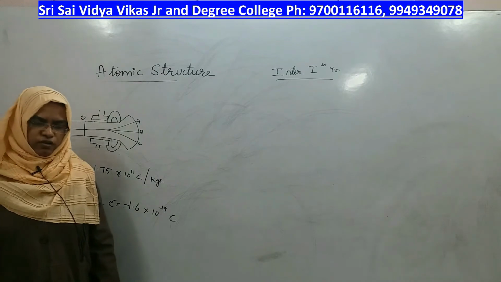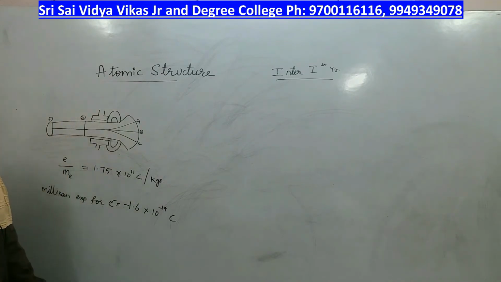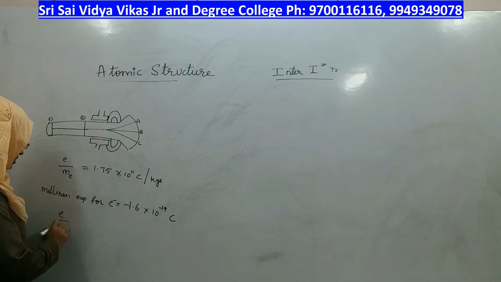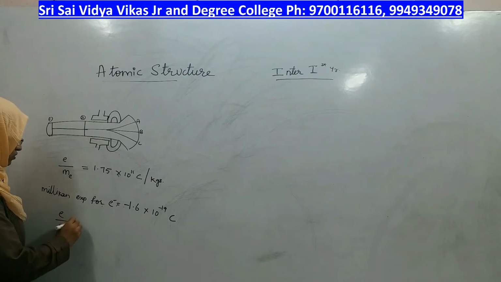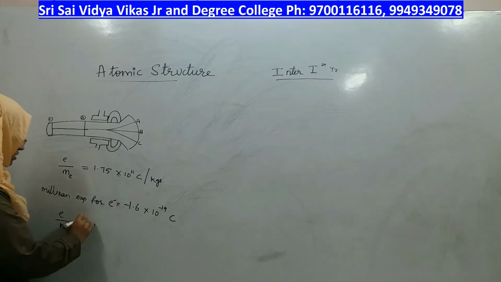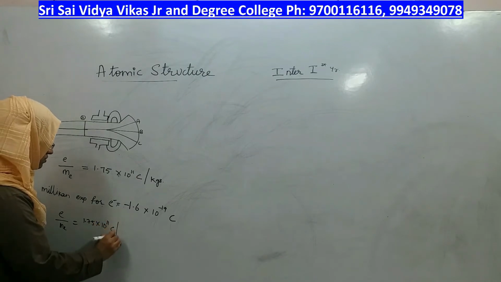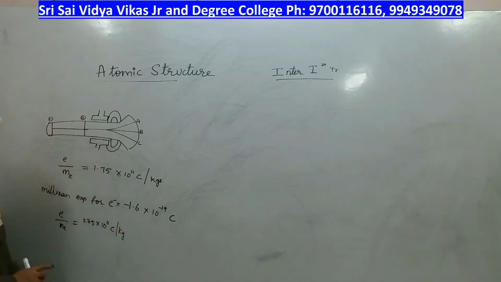So, what you have to know now is, by using these values you will determine the mass of the electron. Simple: the charge to mass value you know, how much is this? 1.75 into 10 power 11 coulombs per kg, and you also know the charge of the electron. What is the charge of the electron?